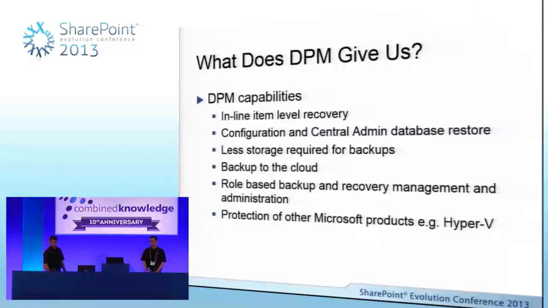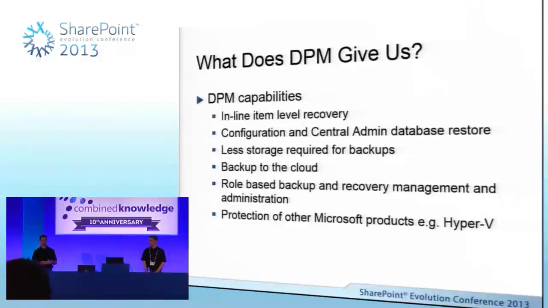And this does bring us on nicely to DPM and some of the capabilities that DPM does offer. So inline item level recovery is one of the key wins for DPM, and we'll be demoing this very shortly. DPM does allow for configuration and central administration database restores, presuming that we do a full farm recovery, again ensuring that we recover those databases in line with the rest of the databases in our farm.